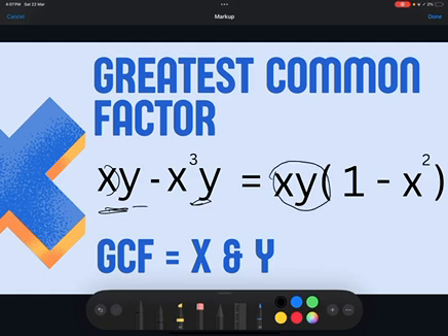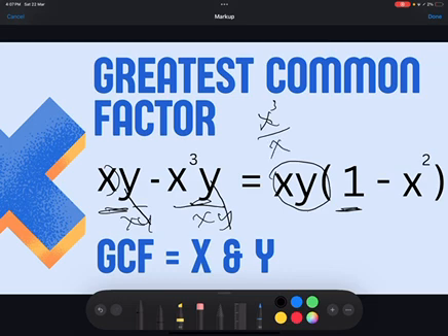We divide this by xy, divide this by xy, so it cancels, so we come to 1, and then the y will cancel, but to become x to the power 3 over x. Here there's an invisible 1. As we learned, we need to subtract this to equal x to the power of 2, and we put it over here.